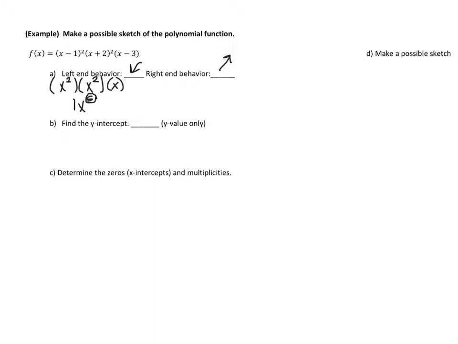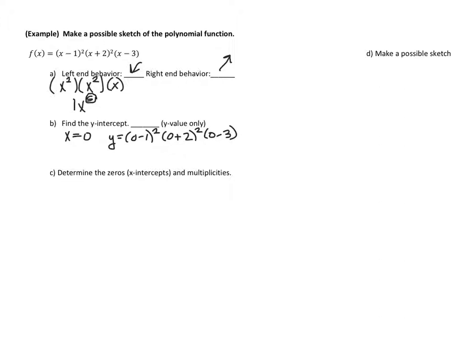So remember the y-intercept, you let x equal 0, and you plug 0 in everywhere you see x. So our function has f of x, which is y, equals, and I'm plugging in 0, (0 minus 1) squared times (0 plus 2) squared times (0 minus 3). So let's calculate what that is.